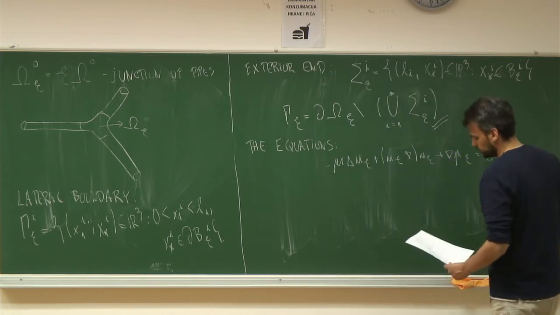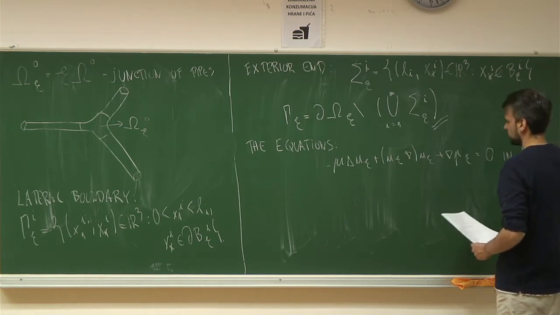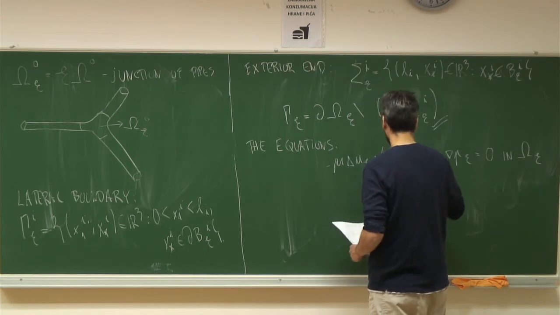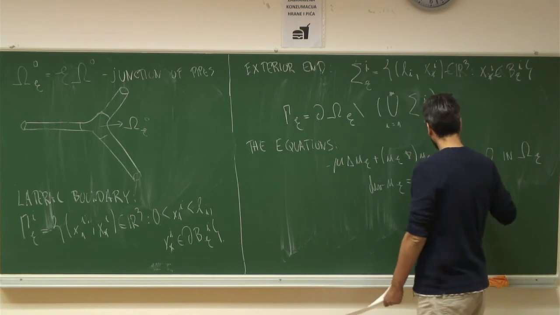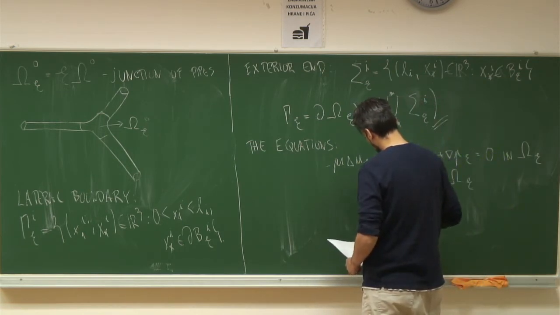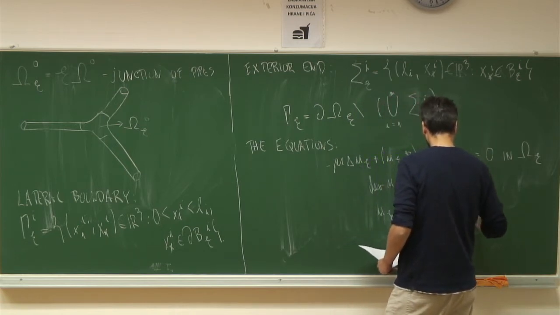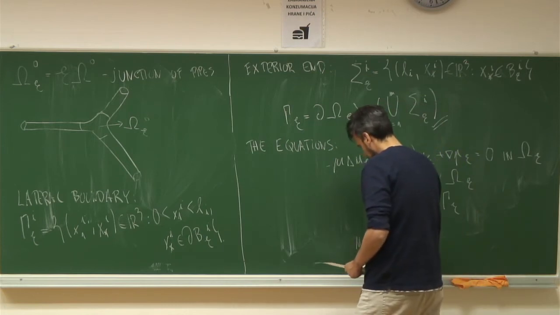Here is just 0 on the right hand side, in omega epsilon. The divergence is 0. u epsilon is 0 on the lateral boundary, and you have this standard condition.